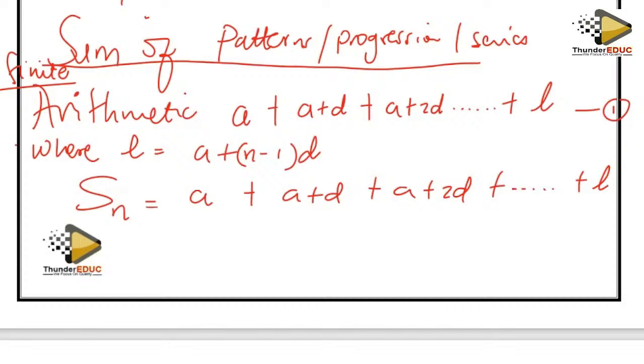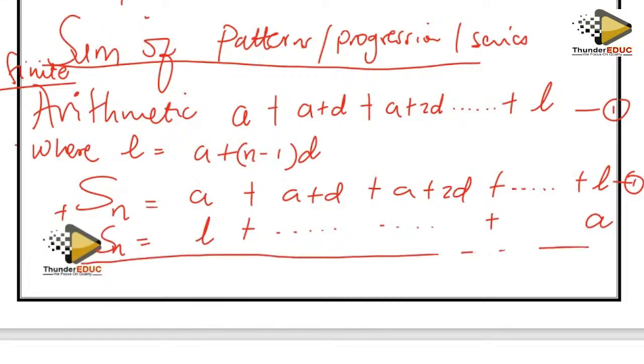Then I can flip around. If this is your equation 1, I can flip it around and start with the last term. So I'll have my L plus whatever follows, and then I'll have my last term, which is going to be just a. So that is still Sn is equal to that. Then when I add the two, I'll just have 2Sn is equal to n times (a plus L).